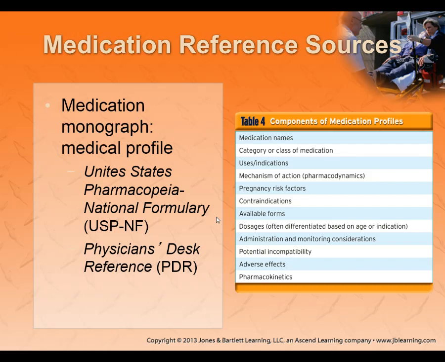If it's PO, it should be given at the same time every day. It is incompatible with a ton of things, like caffeine. Adverse reactions could be tightness in the chest, rash, tightness in the throat, shortness of breath. Those would be adverse effects.